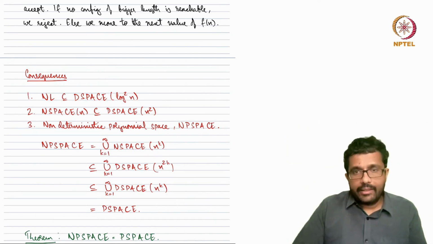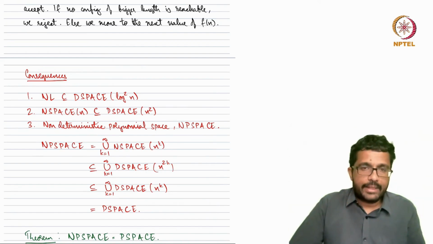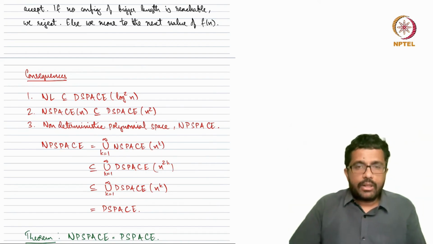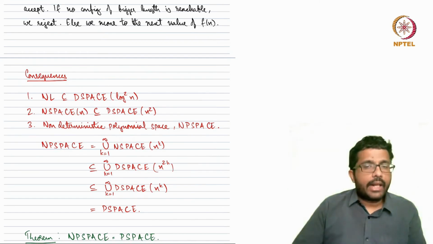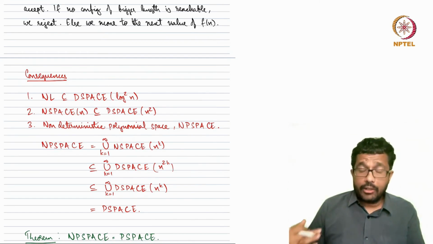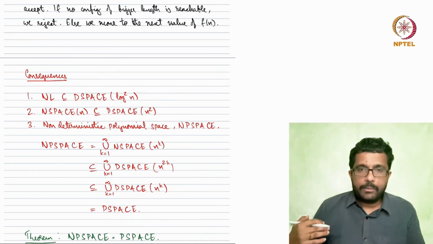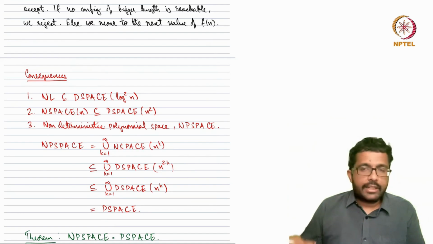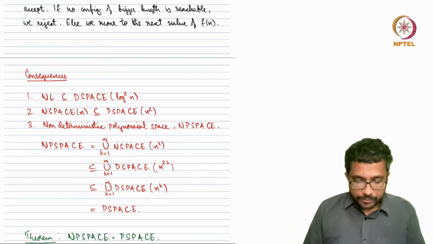Some of you may have wondered why I did not define the non-deterministic equivalent of PSPACE, right? Because in time complexity we defined polynomial time P and immediately we defined non-deterministic polynomial time NP. So similarly, shouldn't there have been a non-deterministic analog like NPSPACE, right? There is a reason why I didn't define it at that point.